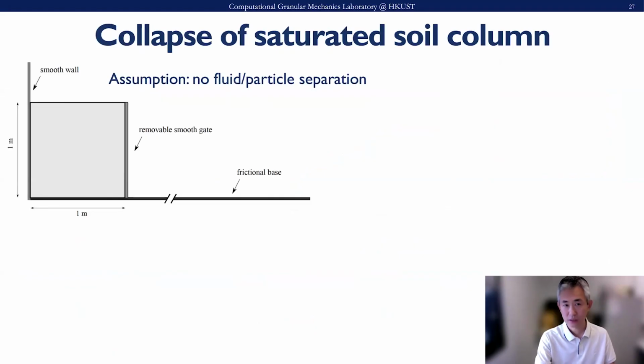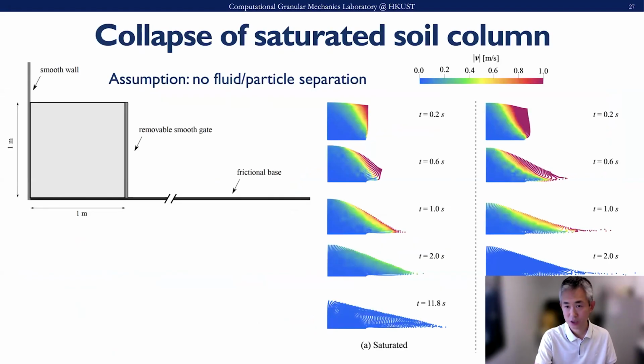We can also look at the collapsed saturated soil column. This is the simulation of a collapse at different time steps, for a saturated case compared with a dry case. Again, here we make the assumption that we don't consider separation of the water from the material point, the soil particle.